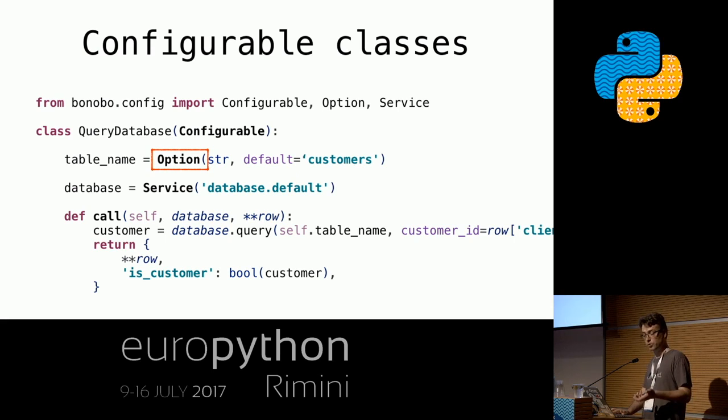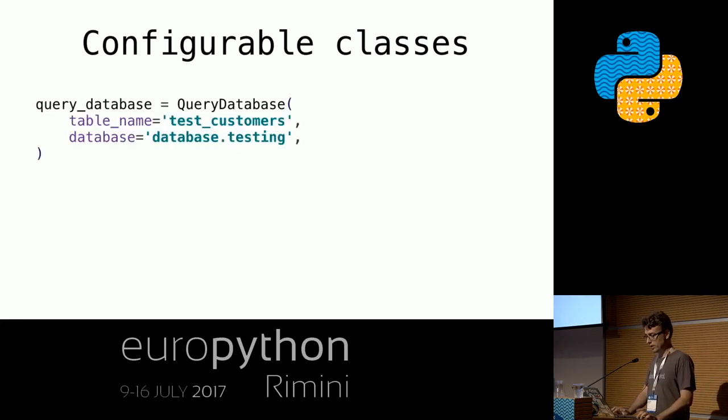It has a default, but you can override it. We'll see after. We define a service that we call database, which defaults to database.default. It's a symbolic name that will point to something. We'll also see later. Whenever you want to instantiate this query database class, you can or not override the different values, and there can be validation, but that's a detail.